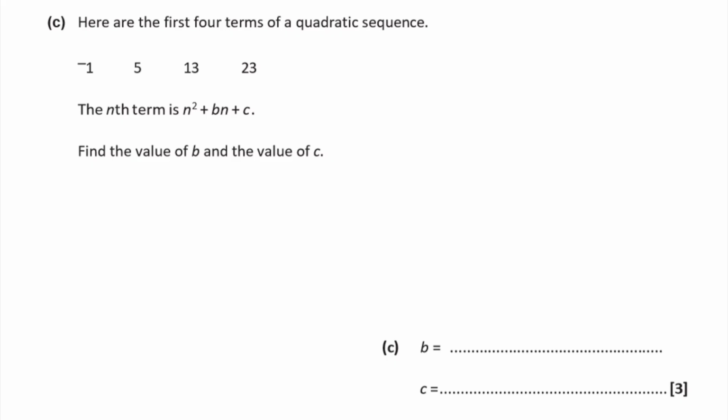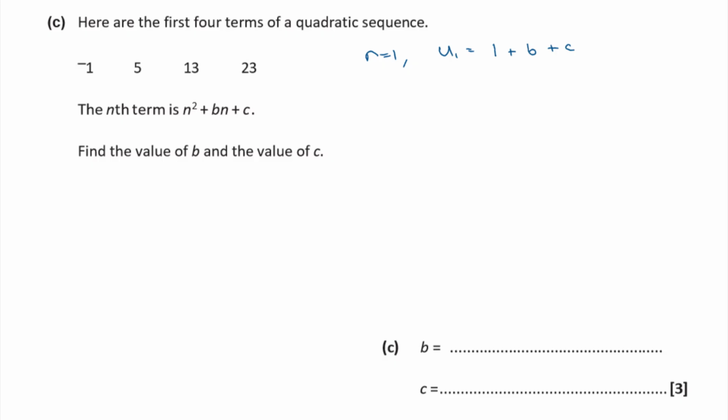So what I would do, when n is equal to 1, my first term u1, if my nth term is n squared plus bn plus c, and n is 1 because it's the first term, I've got 1 squared plus b lots of 1 plus c. So that's going to give me 1 plus b plus c, isn't it? So my first term u1 is 1 plus b plus c.